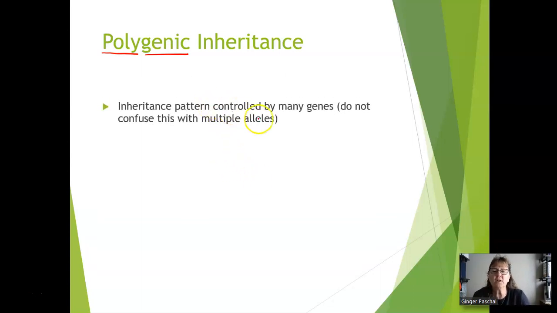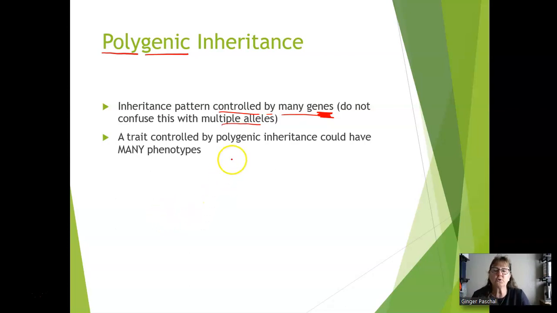So this is an inheritance pattern that is controlled by many genes. Okay, don't confuse this with multiple alleles. Multiple alleles is a trait for which you can find more than 2 types of alleles. Okay, so if you're confused by this, come see me.